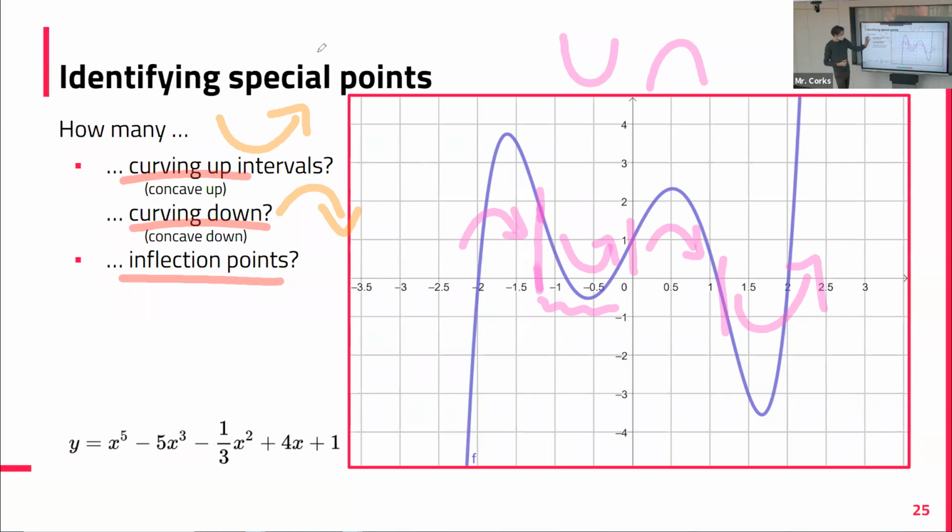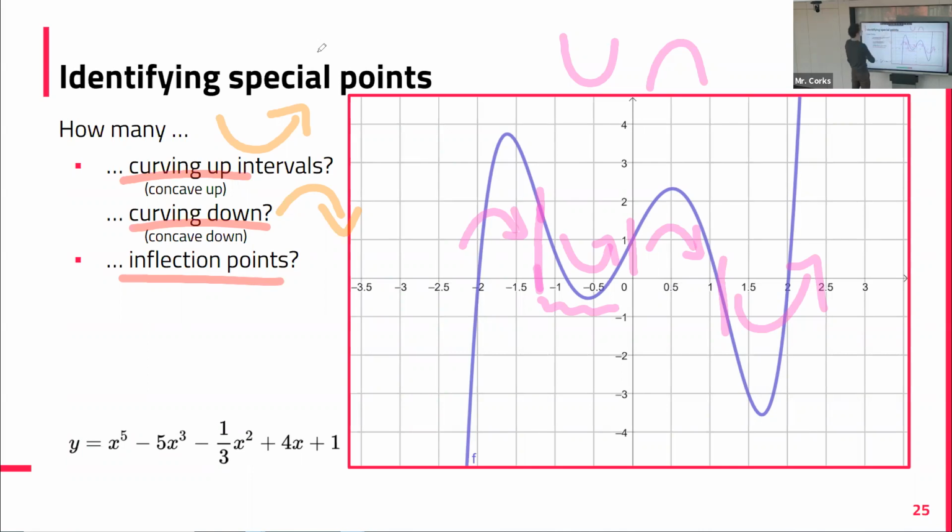It takes some time to think about it to have it make sense, but it's independent of the first derivative, turning points, and intervals of increase and decrease. It's this curving up, this slowing down, speeding up, slowing down, speeding up like this.